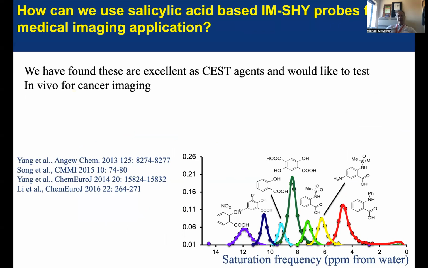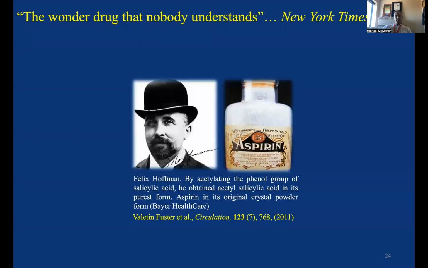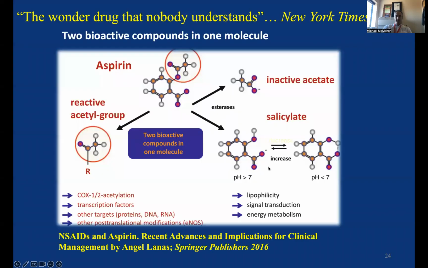So now the question is, how can we use salicylic acid-based CEST probes for medical imaging? We'd like to test these particularly for cancer imaging. And so what I'd like to draw your attention to is aspirin, which is the wonder drug that nobody understands. Aspirin is this carboxylic phenyl compound here, acetylated salicylic acid.